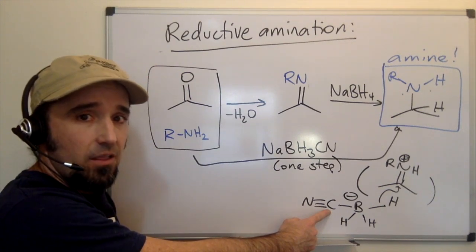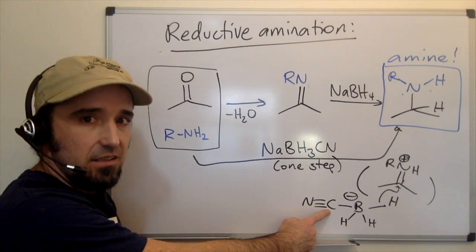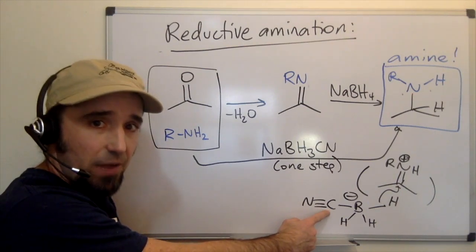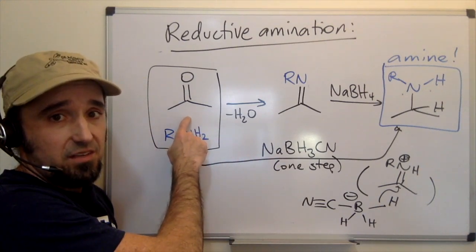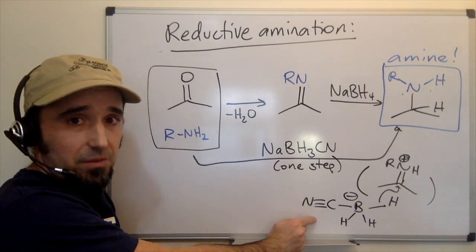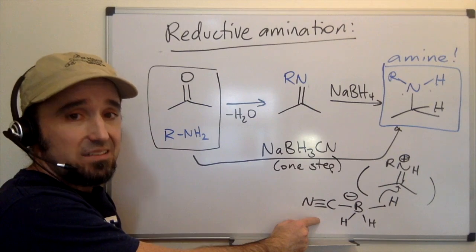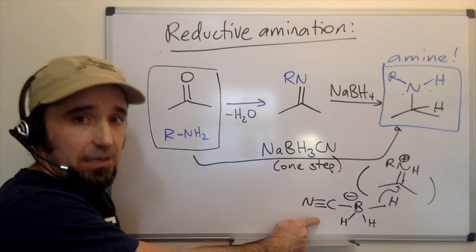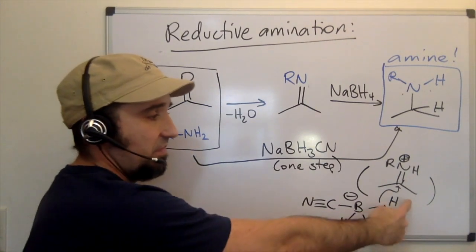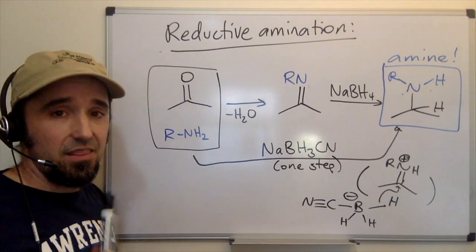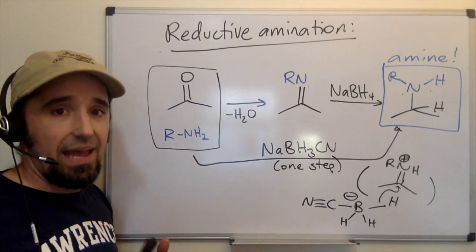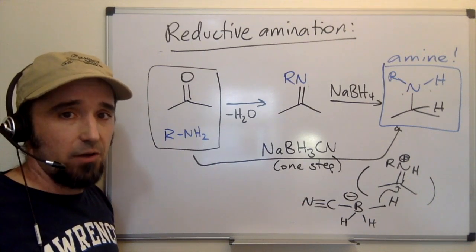And so now, this is a really lazy nucleophile. This isn't going to react with aldehydes and ketones anymore, which is good because I don't want it to react with this ketone. It'll wait. It'll be sleeping in the corner until the very end of the imine mechanism where we get this iminium ion.